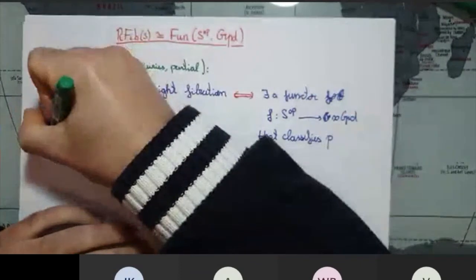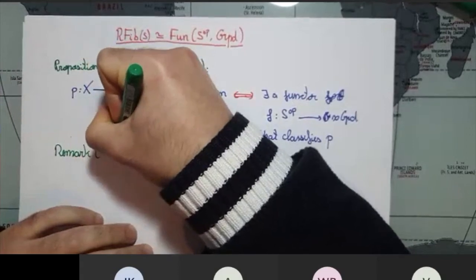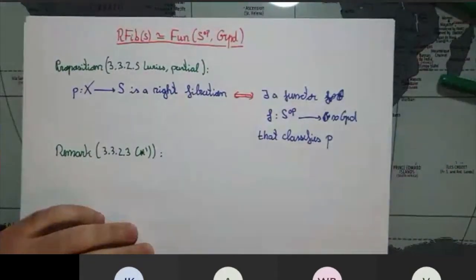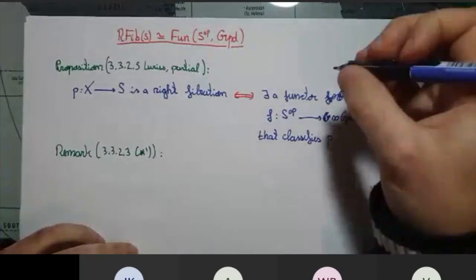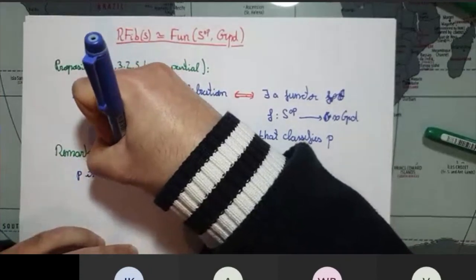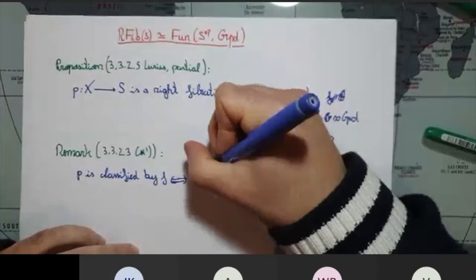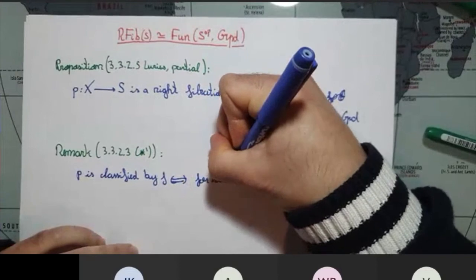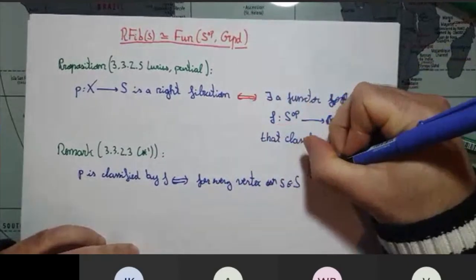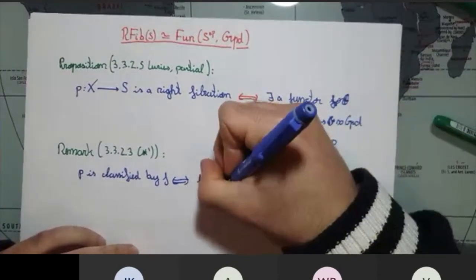Okay, and one remark. That P is classified by F if and only if for every vertex of S, this fiber is essentially small.